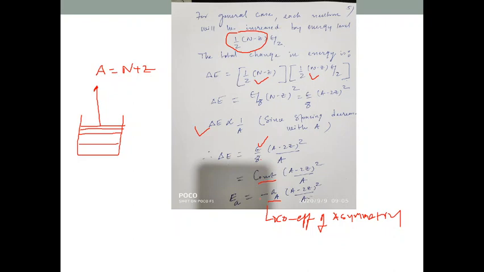Asymmetry means the number of protons and the number of neutrons are not the same. If there is an asymmetry, then the binding energy will decrease, because the neutrons will be farther off than they were earlier. So there is a minus term here. So one more term has been introduced to the liquid drop model.